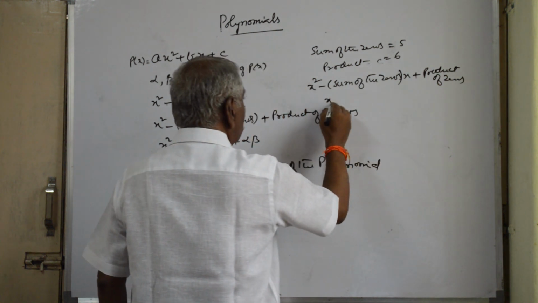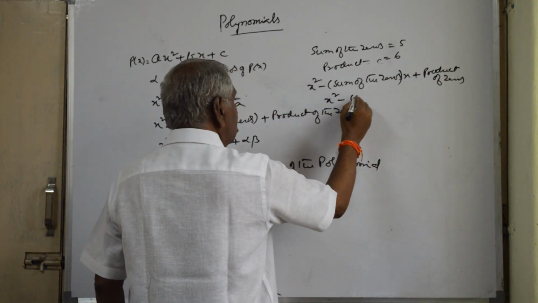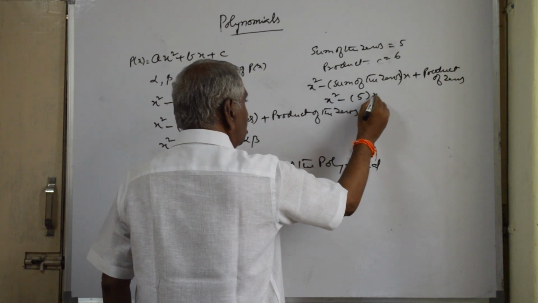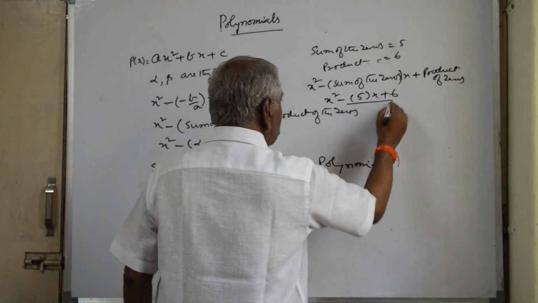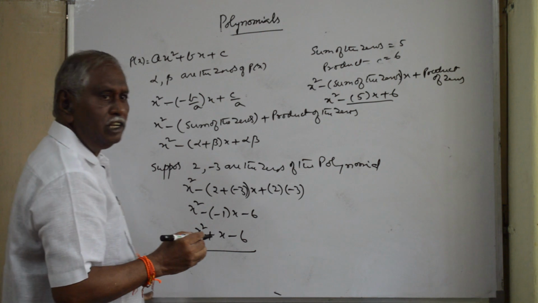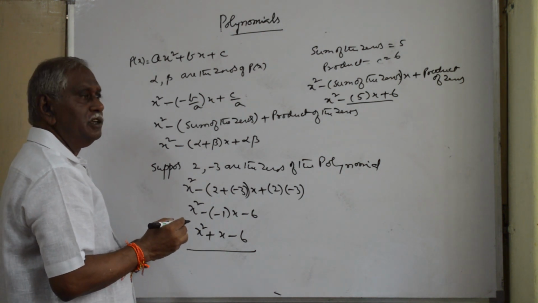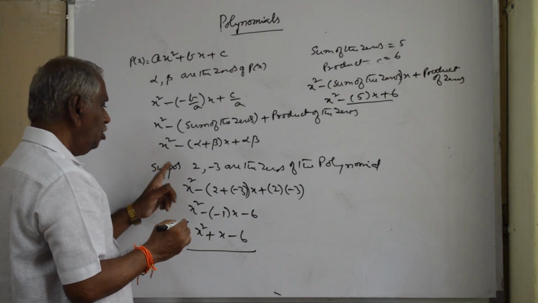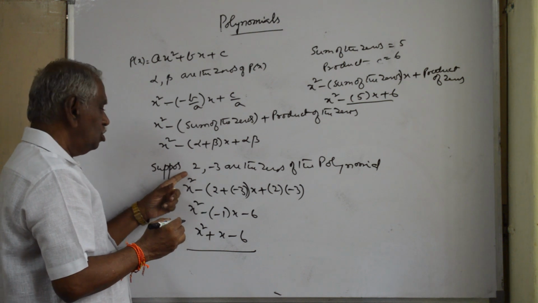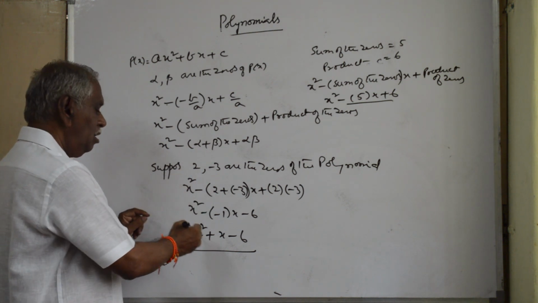Now it is x square minus 5 into x plus 6. So here, when you are given the sum of the zeros and the product of the zeros, we can find a polynomial. Or when you are given the zeros separately, you can frame a polynomial.